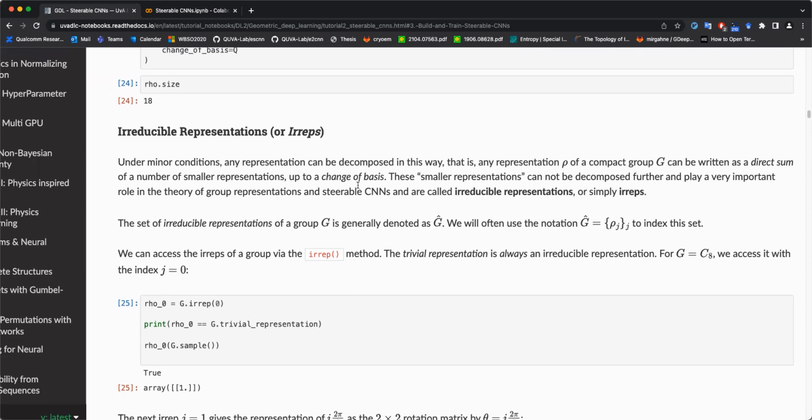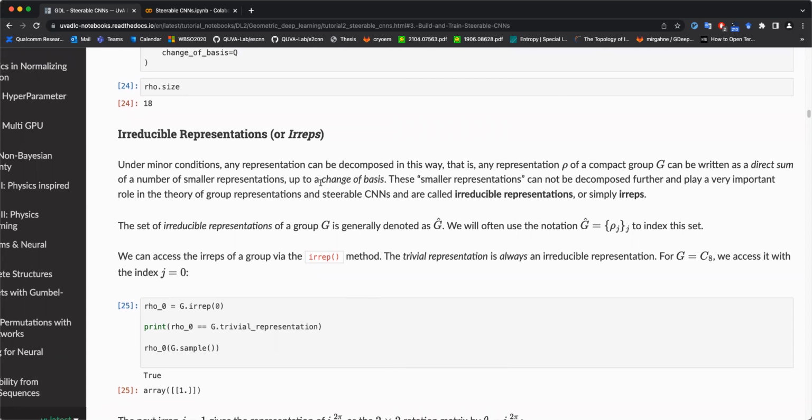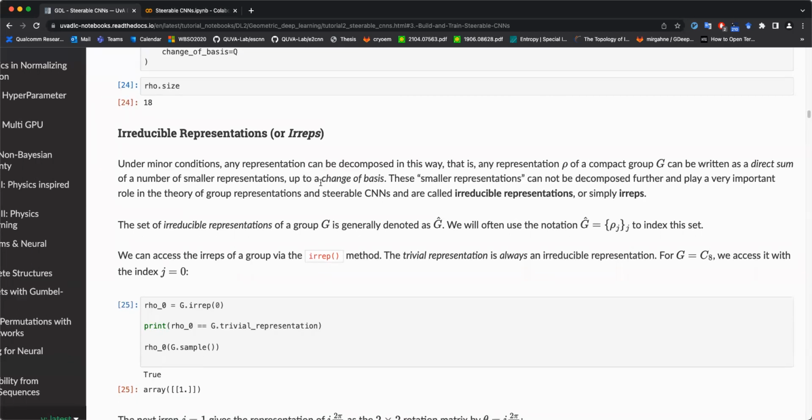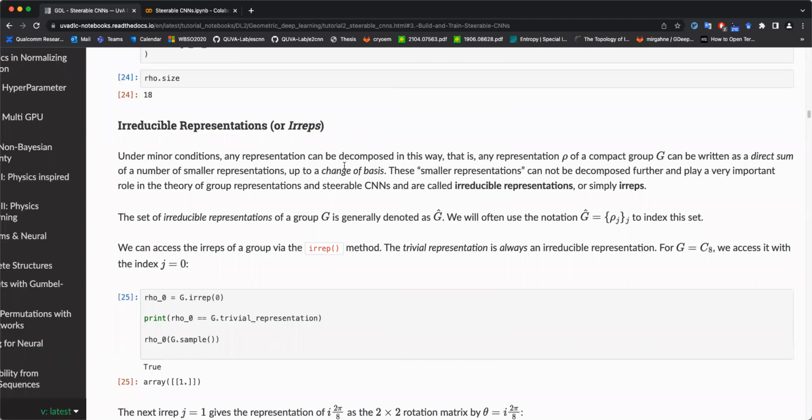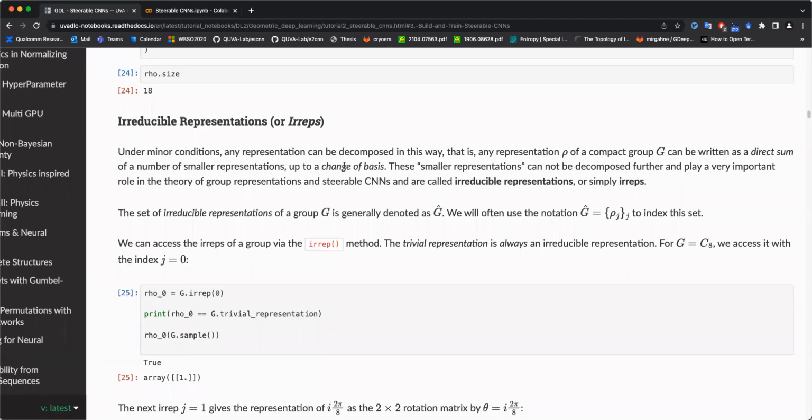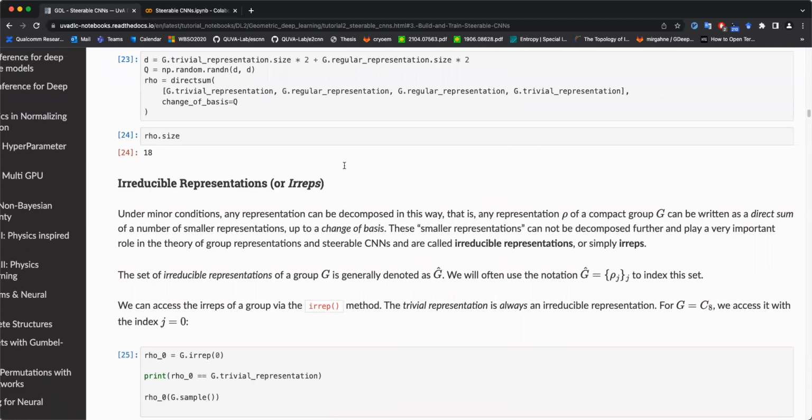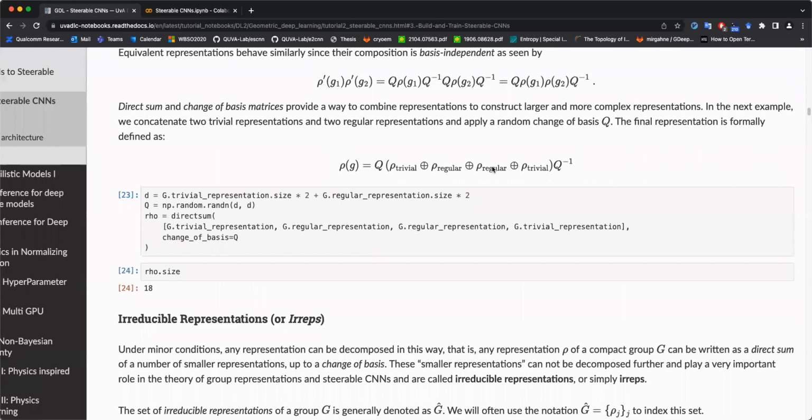The nice part about the trivial representation is that it turns out to be an irreducible representation. That's another nice property. Let me first define what an irreducible representation is. As the name suggests, irreducible representations are those which cannot be decomposed further in this way. The representation rho here is not irreducible because we can find a change of basis Q such that it can be written as a direct sum of smaller representations.